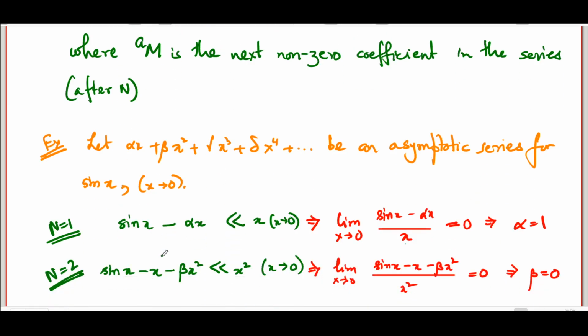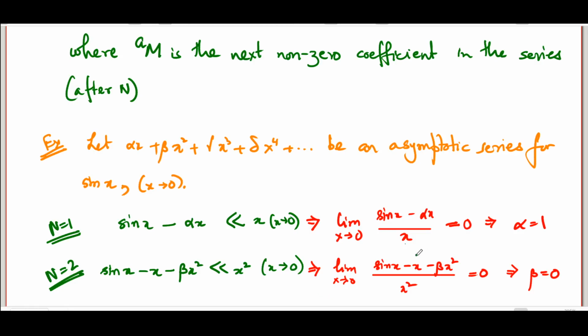Well, sin x minus beta x squared, that is, you have taken these two terms where we have already used the fact that alpha is known, it's 1. This difference must be negligible compared to the power that we are keeping, the highest power, x squared here. So that tells us that this ratio, (sin x minus beta x squared) over x squared, must vanish in the limit x goes to 0.